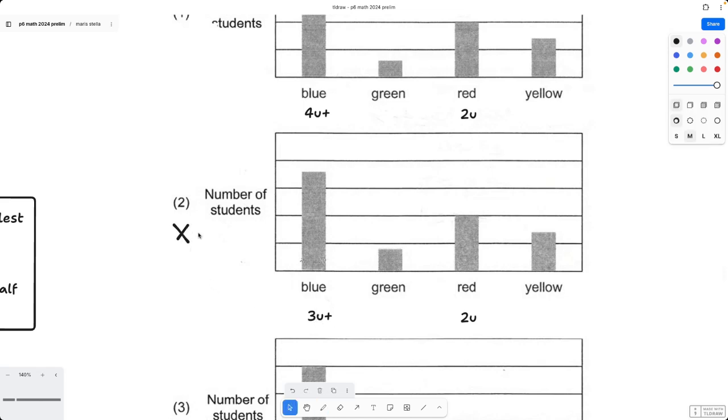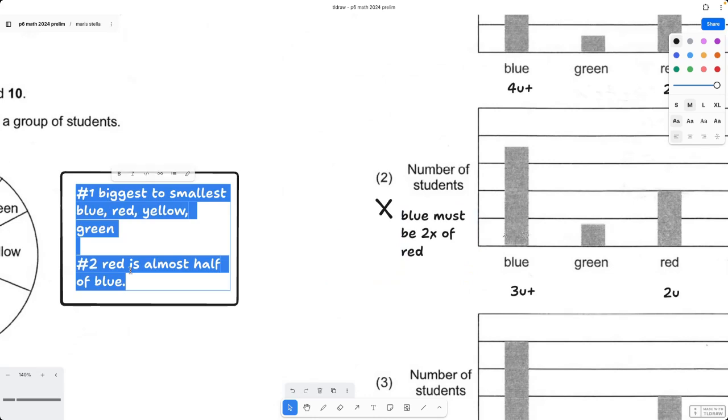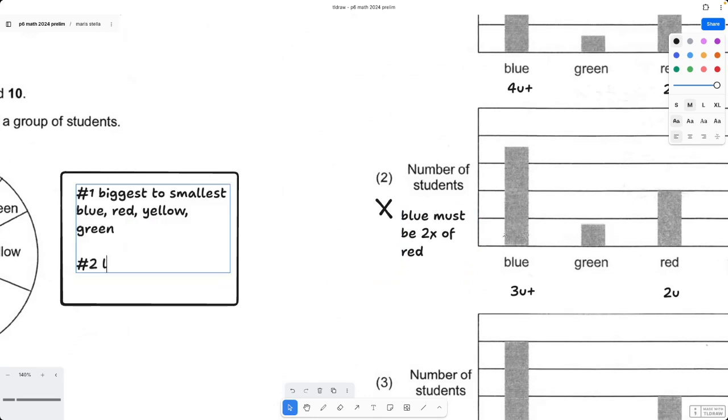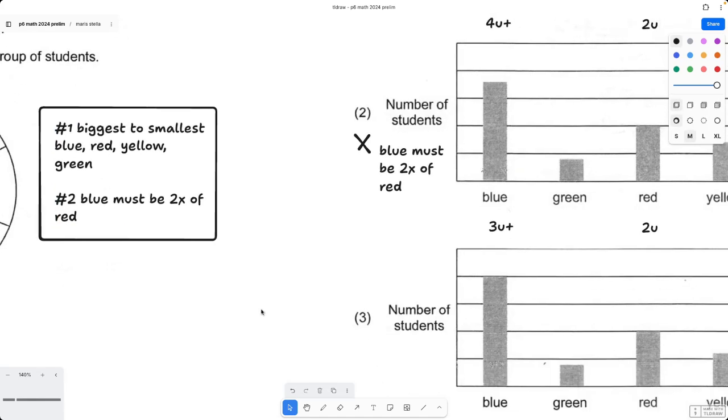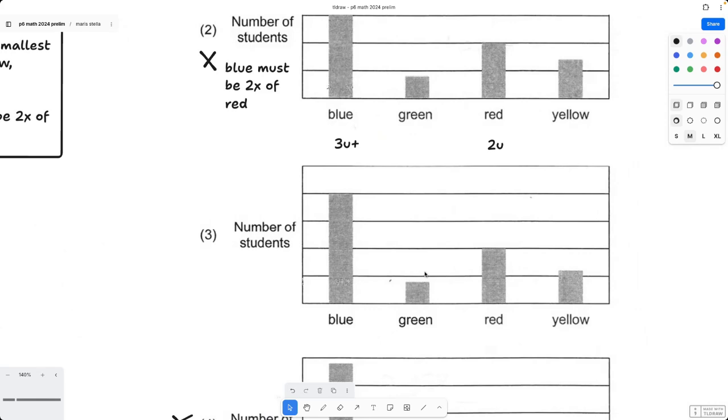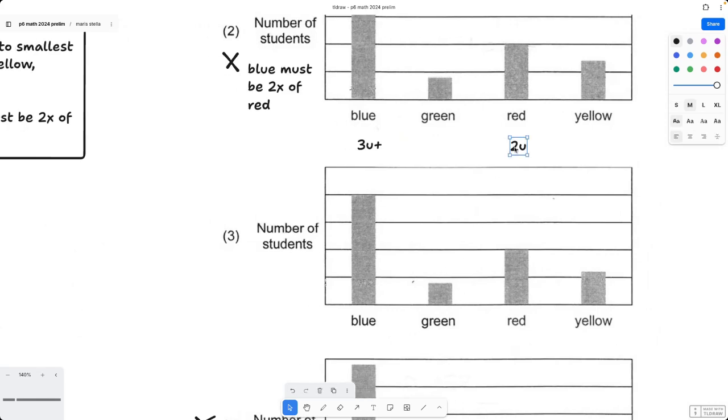Okay, so blue must be 2x of red. Okay, basically like this, right? Blue must be 2x of red. So this red is 2 units, but blue is 4 units. So this cannot be as well.